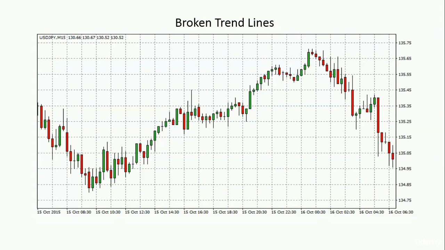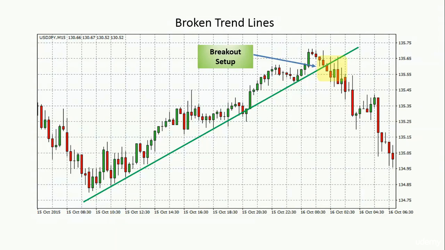direction. To explain this to you, look at this chart, which is showing a strong uptrend which can be projected by this bull trend line. As you can see, the market respected the trend line throughout this uptrend until this happened, where the price has broken through the trend line to the downside.